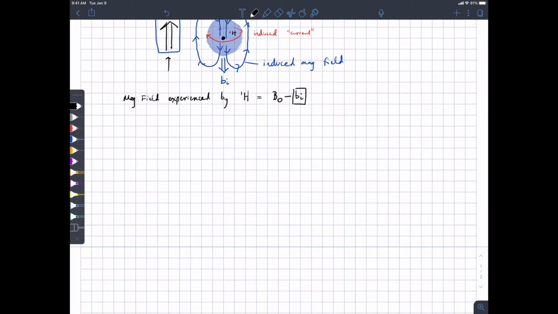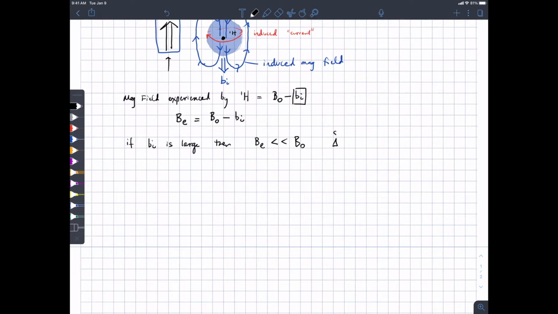Let's just make that clear. Let's call the magnetic field experienced by the proton, with the subscript little letter e for experienced, equal to the external magnetic field minus the induced magnetic field. If that induced magnetic field is sizable, then the field that the proton experiences is lower to some extent than the field that you've applied.